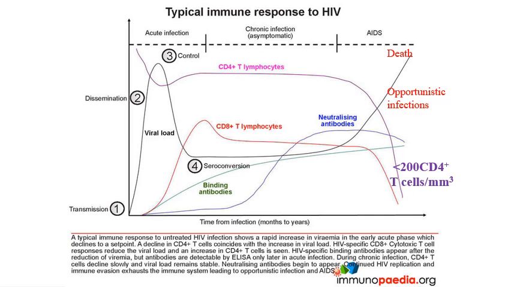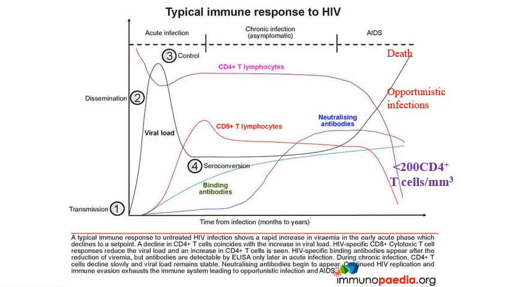HIV-specific binding antibody appears after the reduction of viremia, but these antibodies are detectable by ELISA only later in acute infection. In the chronic infection, CD4 cells decline slowly. Viral load remains steady still. Neutralizing antibody begins to appear in this chronic phase.